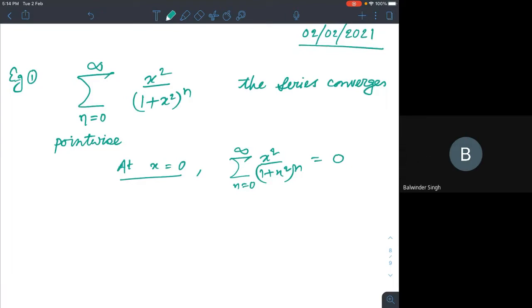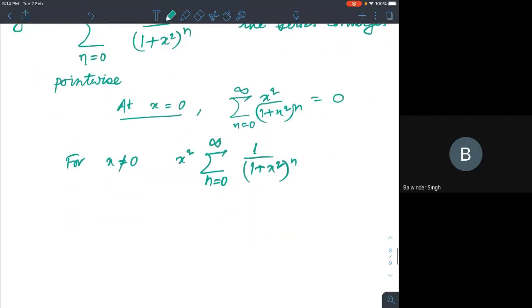And for x not equal to 0, you have x squared times summation n from 0 to infinity of (1 by 1 plus x squared) to the power n. This is a geometric series, convergent, because this modulus is always less than 1.